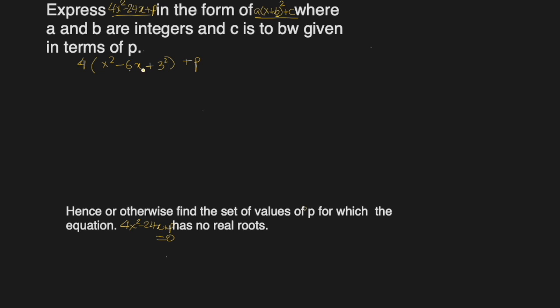What is half of 6? 3 square here. So I added 9 to it to make it a perfect square. If I have added 9, I have to subtract 9 because this 9 was nowhere before. So 9 times 4, 36, actually I have added. Not only 9, this 4 times 9 makes it 36. That I will subtract outside.